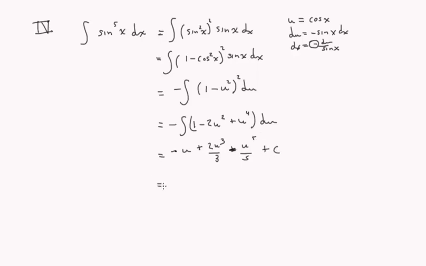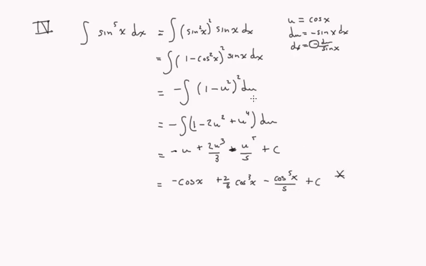Then we have to convert back to x, so negative cosine x plus 2/3 cosine cubed of x minus cosine to the power 5 of x over 5 plus c.